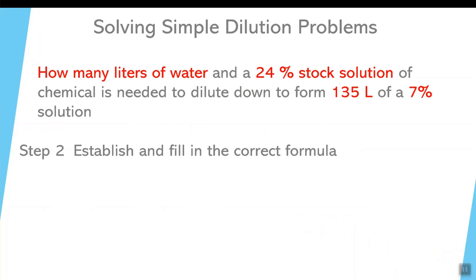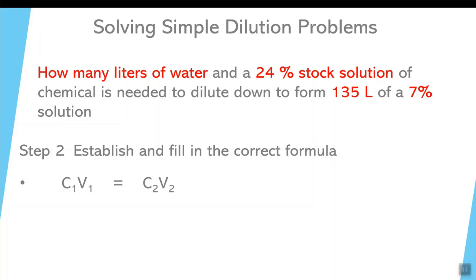Now we have to establish what formula you are going to use. And the formula that I would highly recommend is this: C1V1 equals C2V2. Well, what does it stand for? Concentration of your first solution multiplied by the volume equals the concentration of the second multiplied by its volume.